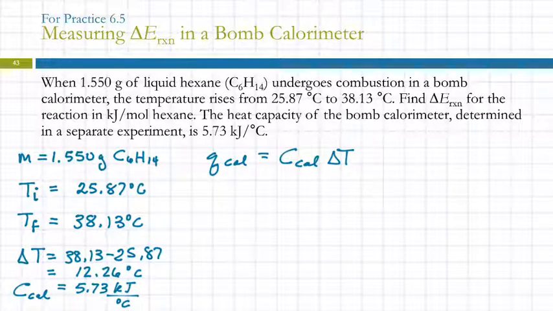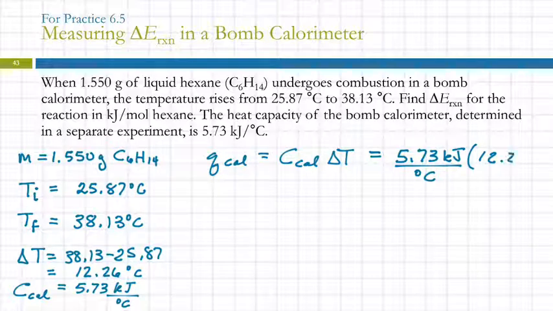The calorimeter is always the same, and so we don't need to use both of those terms in there. So Q-cal then is the calorimeter constant, 5.73 kilojoules per degree Celsius, times the change in the temperature, and the degree Celsius cancels out.